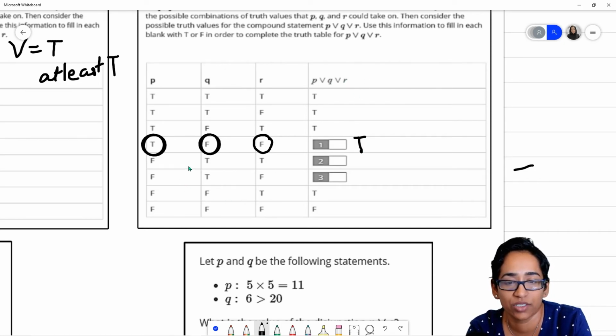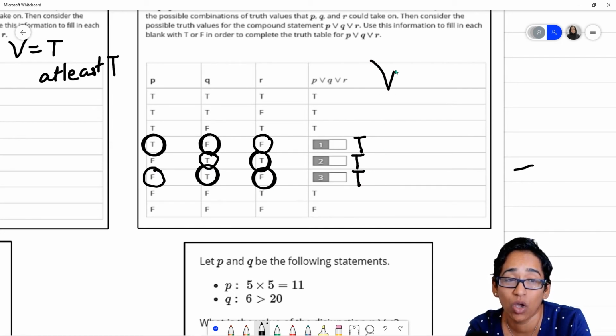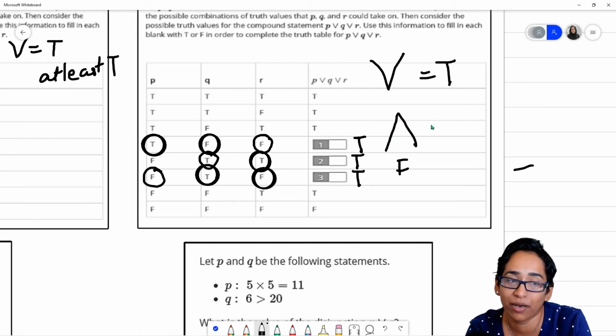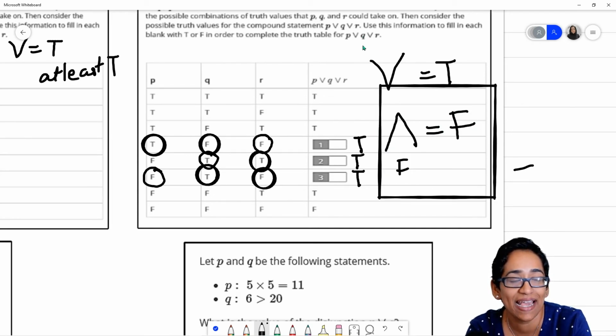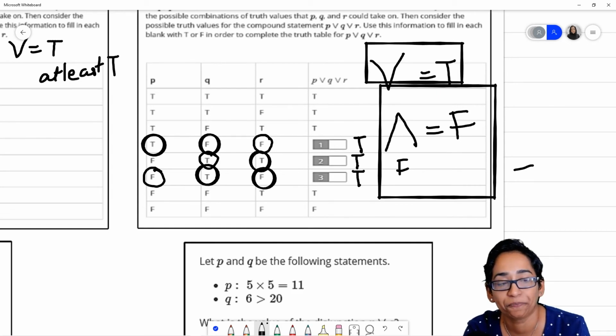So blindly this is true. Wow, I see two trues. This has to be true. False, true, false. Even if one of them is true, OR is true. But for AND, if one of them is false, then blindly this whole thing becomes false. This is a conjunction and this is a disjunction. So always keep that in mind.